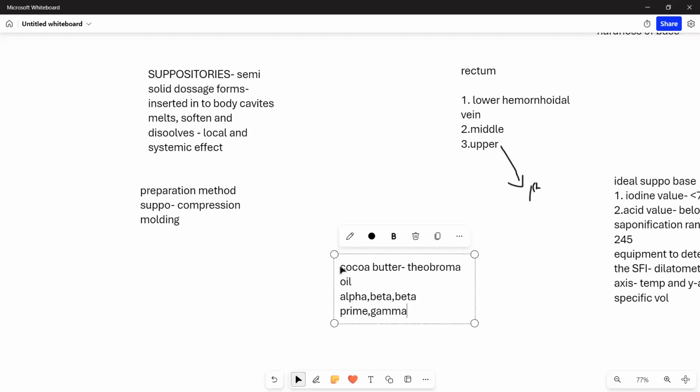So which form is the stable form? Do you guys know which is stable? Beta. So beta is stable, while all other forms are metastable forms, which gradually convert into the stable beta form. So what is the liquefaction time for cocoa butter?